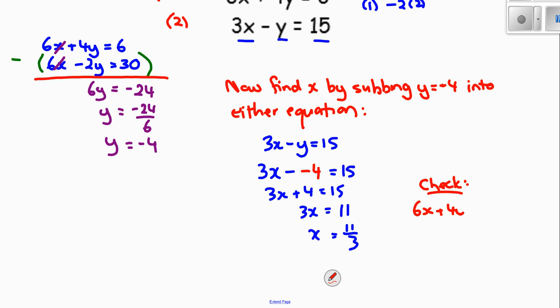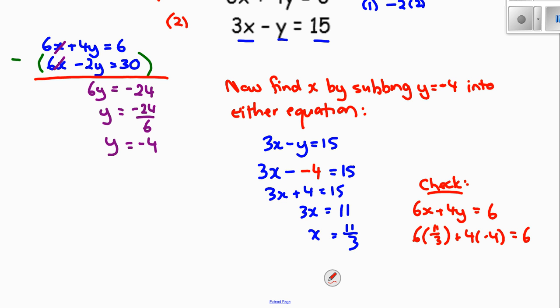I might have made a mistake, and then I will have to go back and fix it. So 6x plus 4y equals 6. So our x is meant to be 11 over 3, so 6 times 11 over 3 plus 4 times negative 4 equals 6.